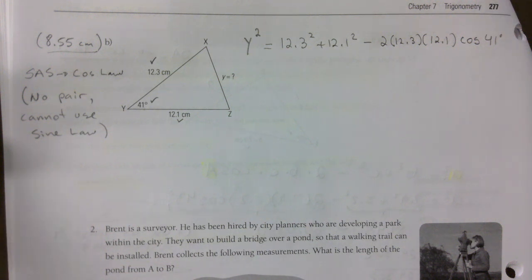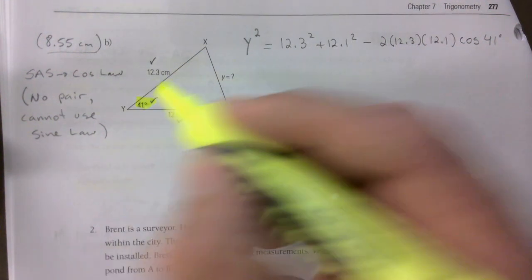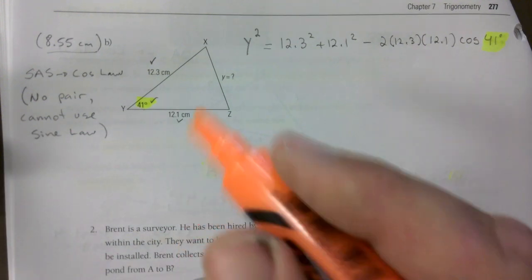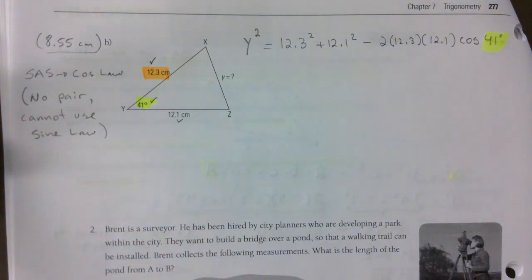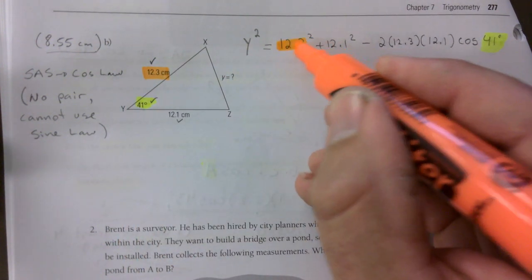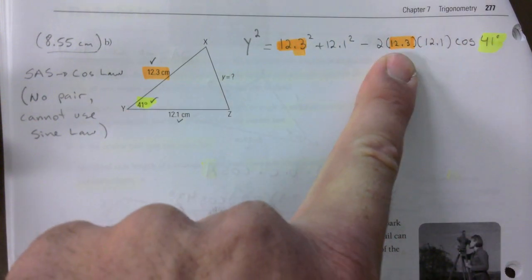So this is how I'm going to highlight. First of all, the angle. I'm going to highlight that for sure because that needs to stand out. I'm going to take this side and give it that color. Whatever you have is good. So making sure 12.3 shows up there and it shows up there.